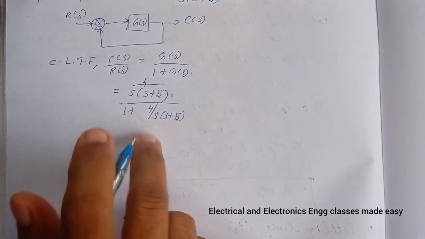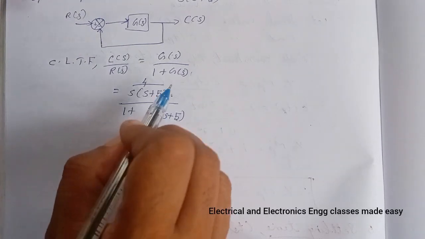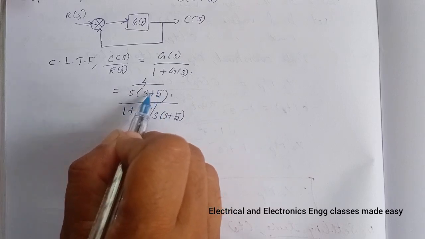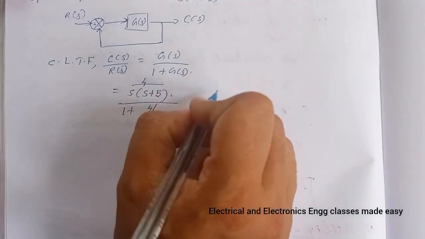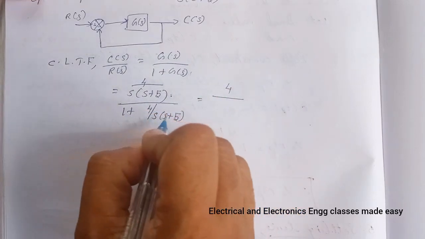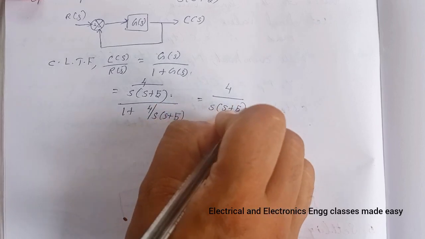Now we have to take the LCM in the denominator, and this denominator and this one get cancelled, so we get 4 divided by, here taking LCM, s into (s plus 5) then plus 4.